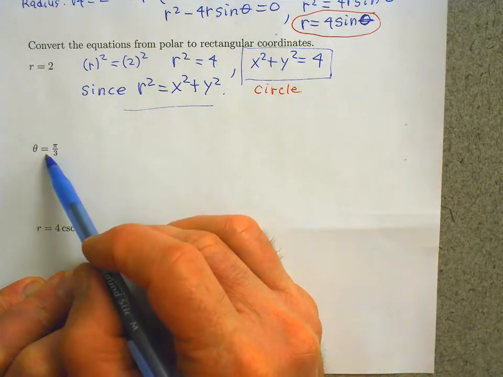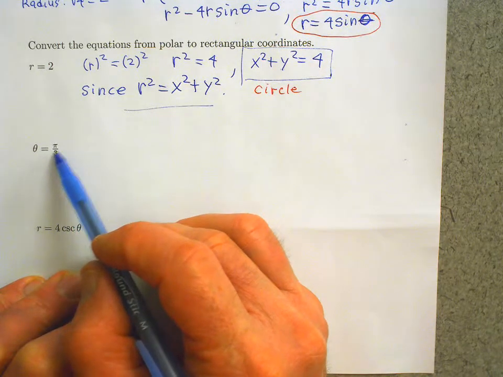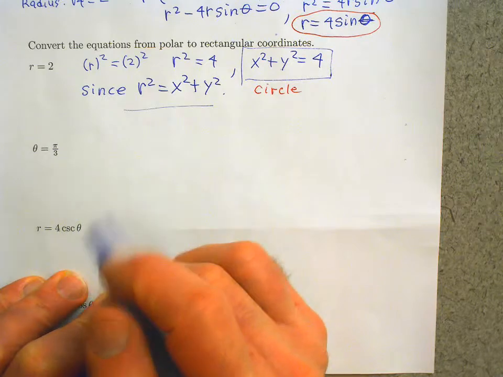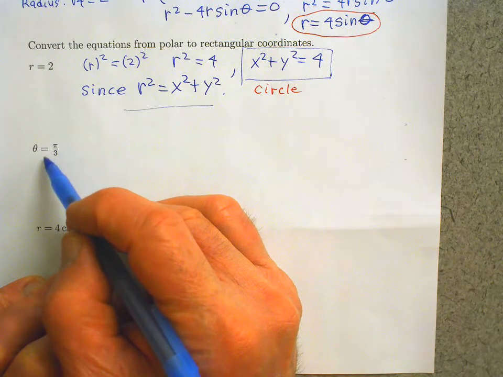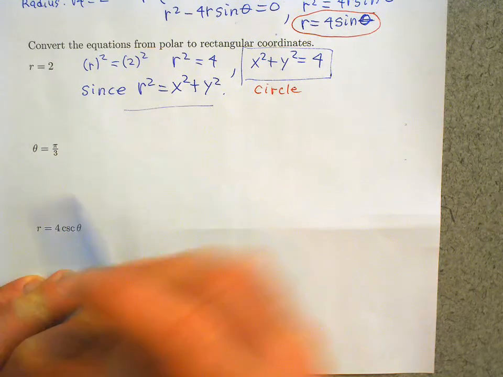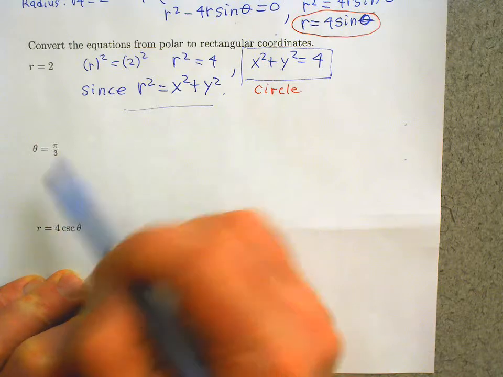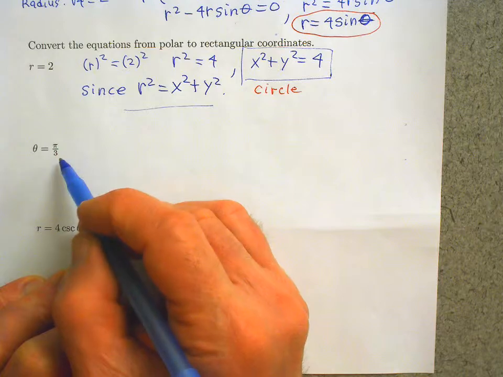So what that means is, as long as theta is pi over 3, r can be any value. So the graph of this should be a straight line, because the r values can be positive and negative as long as the angle is pi over 3.